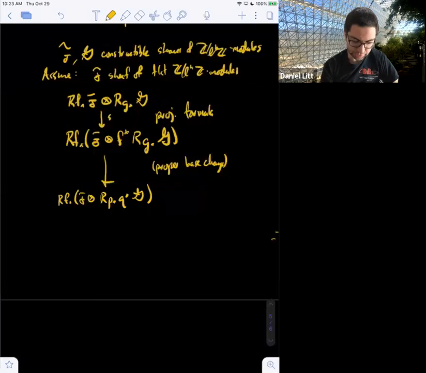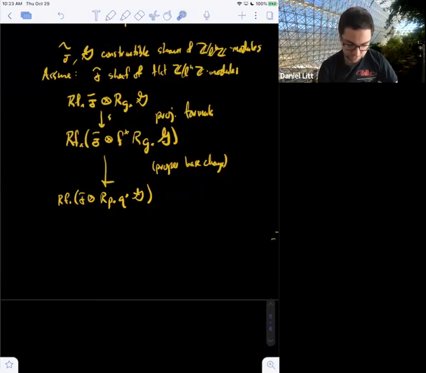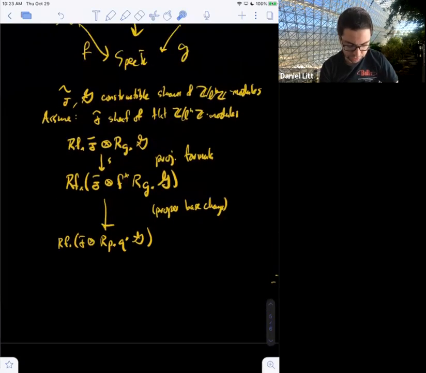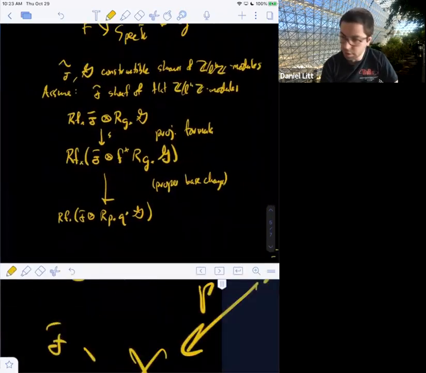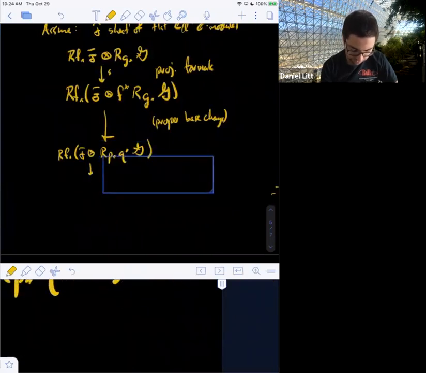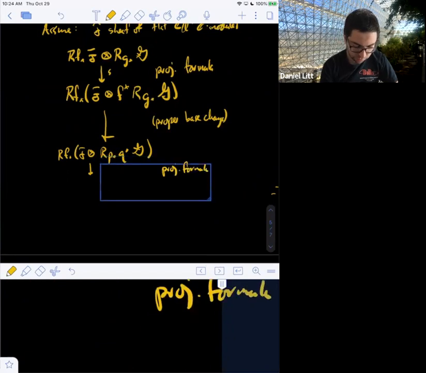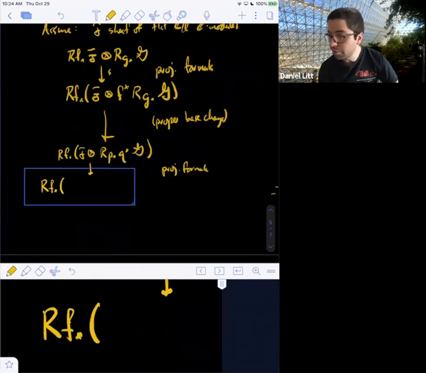So here we're taking f tensored, so something on X tensored with the push forward to X, and that's the sort of situation where you can apply the projection formula. So this is the same by the projection formula as our, let's see, our f lower star of, what do we get?